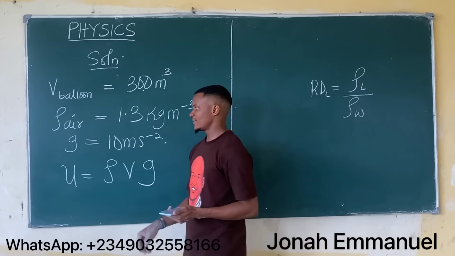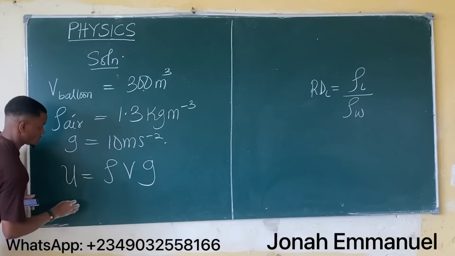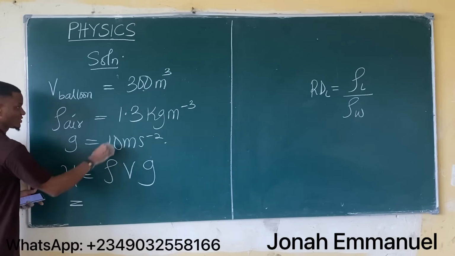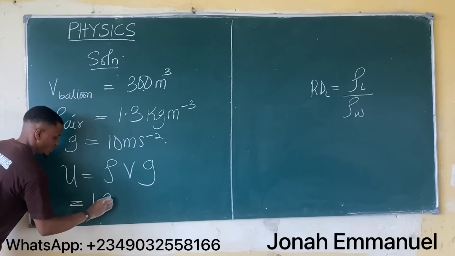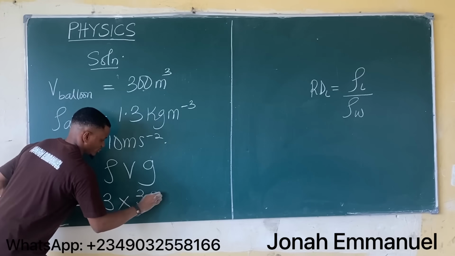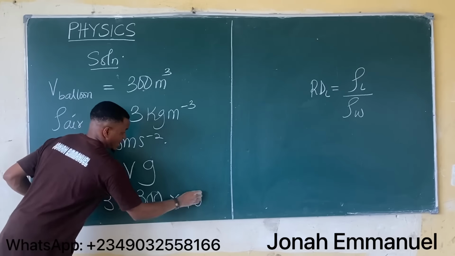Alright, so let's include values here. So this is now equal to density of air, which is 1.3, times volume of the balloon, 300, times gravity, that's 10.